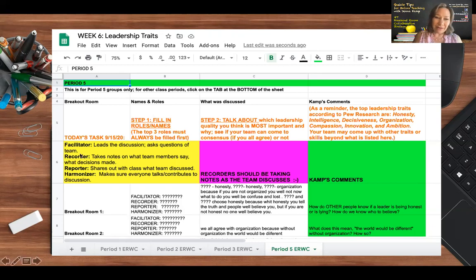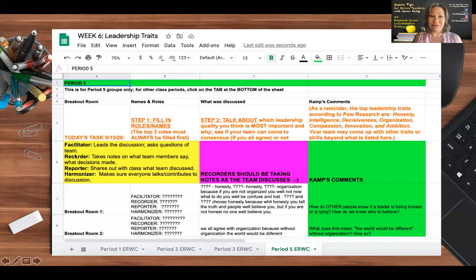Down here in the yellow section, I have those roles listed and the responsibilities for each role. So even though I have pre-taught this to scholars and I remind them before I send them to breakout rooms, this is the same information written where they can see it and access it all the time.